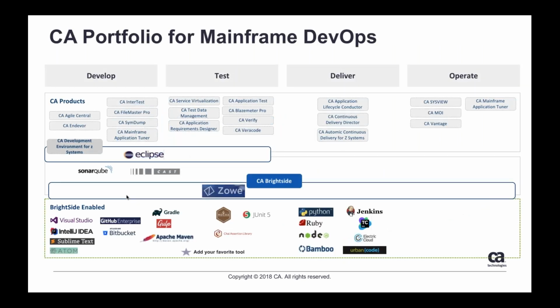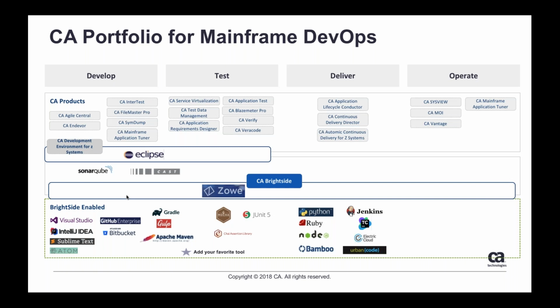And then just as a reference, and after that we are switching to demo, I also want to introduce the CA portfolio for mainframe DevOps. So today we are using the bridge between the open system and mainframe to provide this automation, and we use Jenkins.